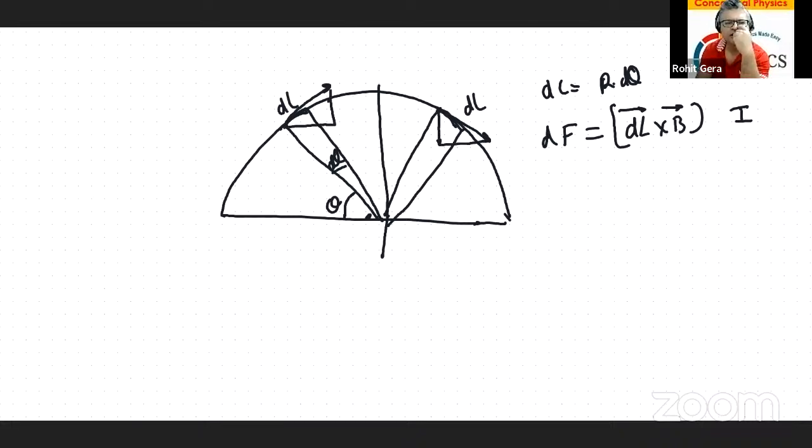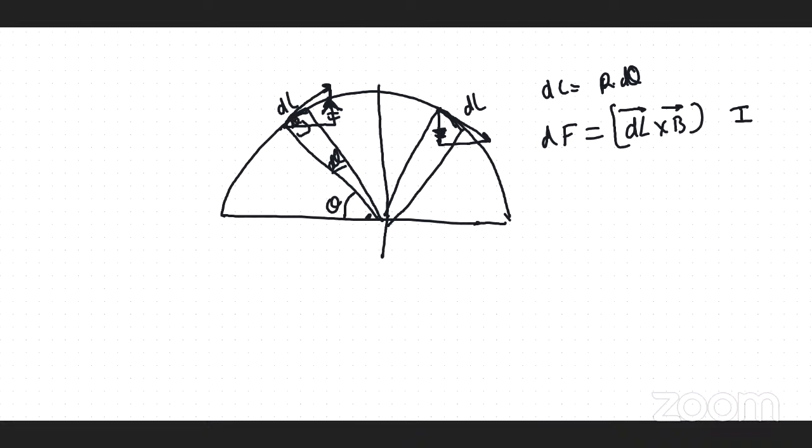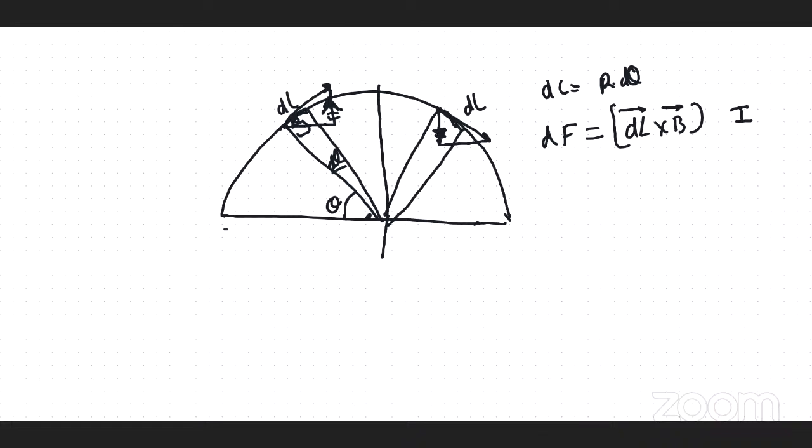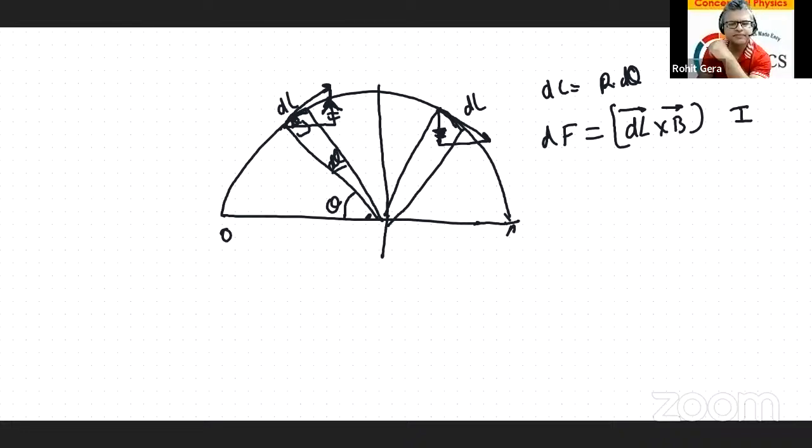So the dl component, which is this component, both of them cancel each other. But this component gets added. So only one component gets added in dl. The y components cancel out.